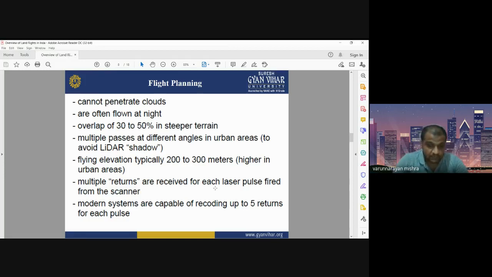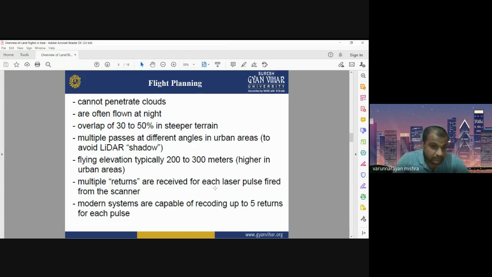But in a highly urbanized area with very tall buildings, you can go beyond 300 meters, that may be 500, 600, or up to 1 kilometer elevation.